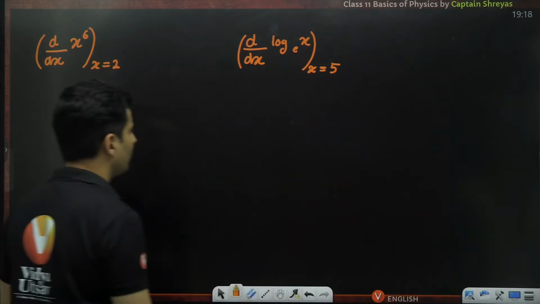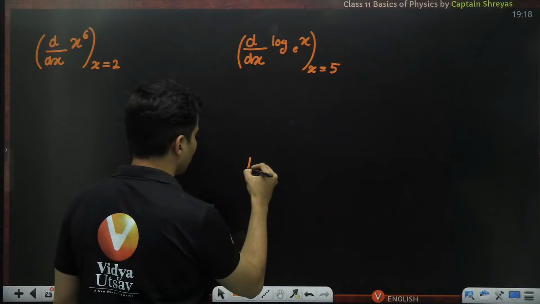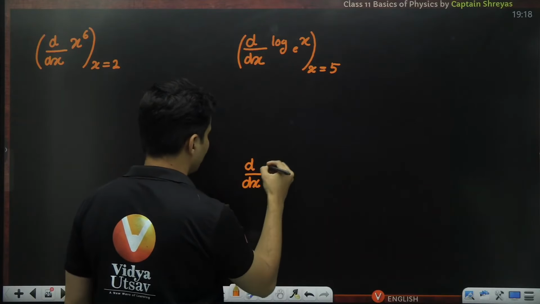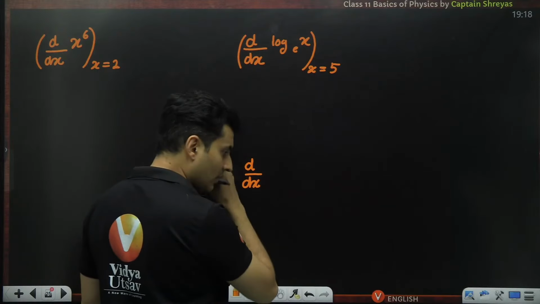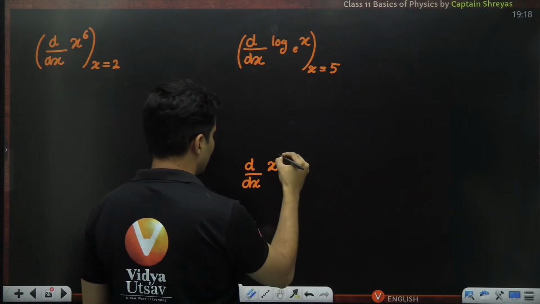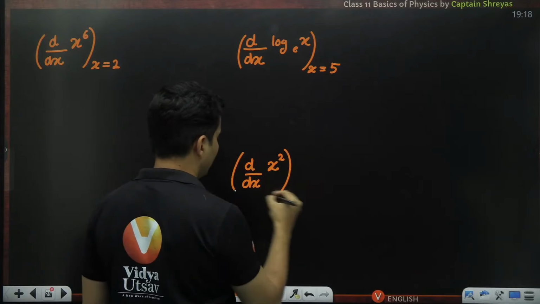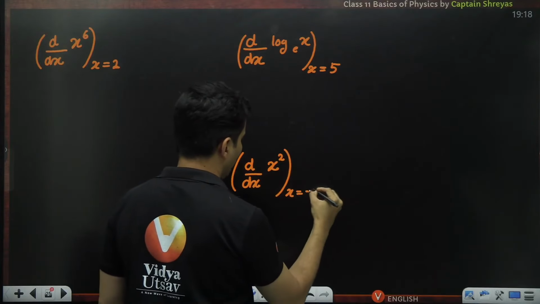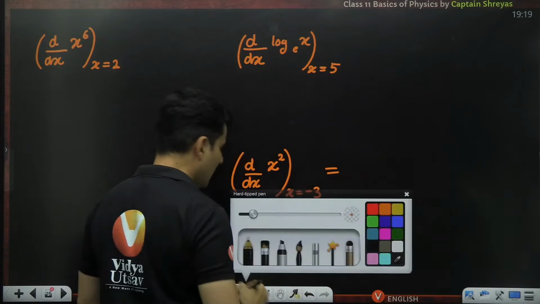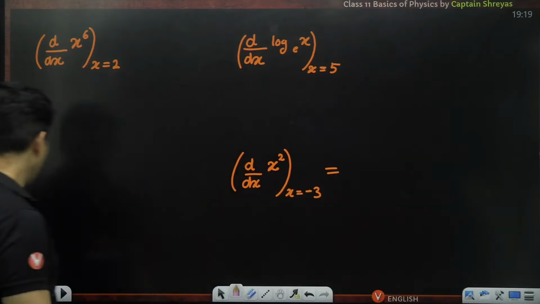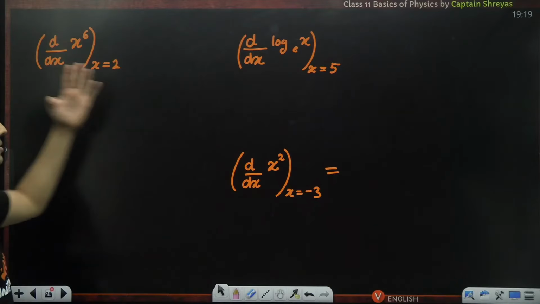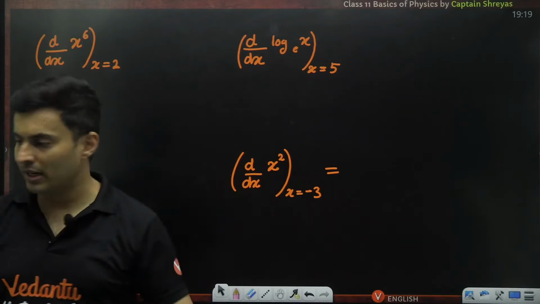This is another question. Next question. Find d by dx of, say for example, just x square at x equals to -3. This is another question. Okay, come on, my dear students, just try to figure out these answers. What is the answer for each one of them? These are your 3 numericals.